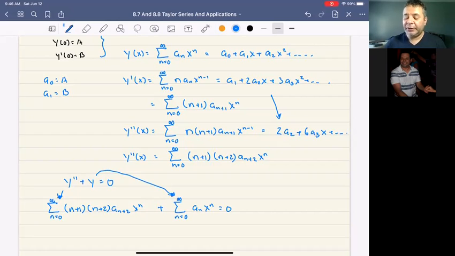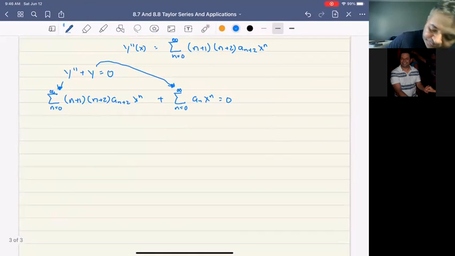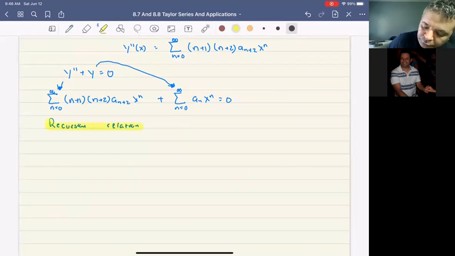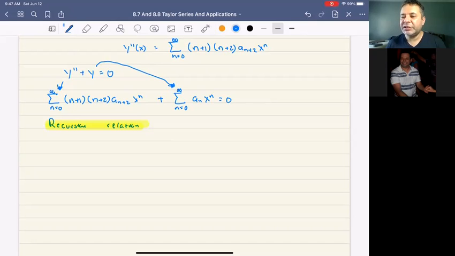Again, we're going to get what's called a recursion relation. This is just matching up the coefficients of x to the n.